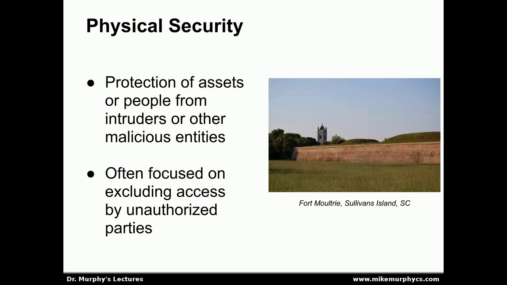It would provide a means to slow down an invader and thereby have a chance to launch a counterattack. Now, this wall also directly faces the ocean and can be used as a bit of a seawall during storms and hurricanes, but the principle is the same. We're trying to keep out unauthorized parties, whether those be other people or water.